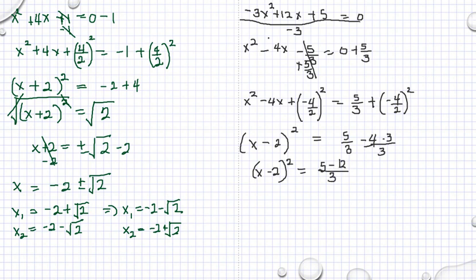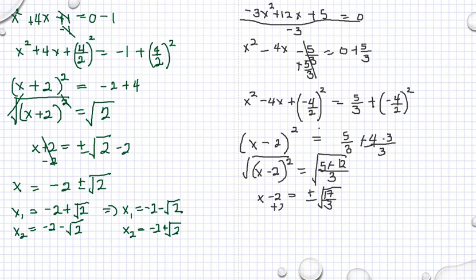12/3. If we take the square root of both sides of the equation, then we have x minus 2 is equal to positive negative square root of 7/3. There's something wrong. This is positive, so this should be positive. Then it is 17/3.